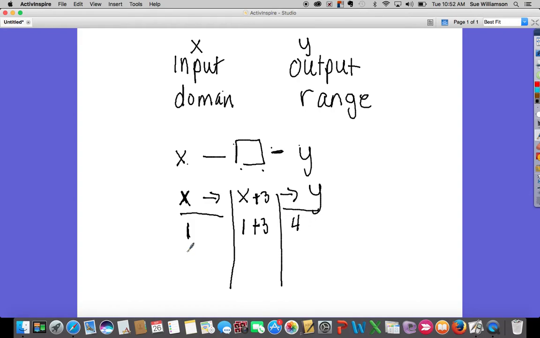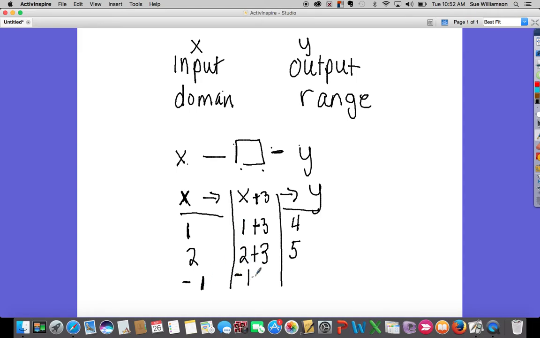I can choose another number for x. Say I have a 2 for x. If I put a 2 into this rule, I substitute 2 in for x, then 2 plus 3 would equal an output of 5. Maybe my input is -1.